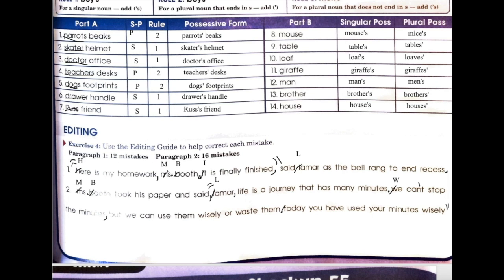Capitalize today. Put a comma after today. Today you have used the minutes wisely. Put a period at the end. Let's count the mistakes. 1, 2, 3, 4, 5, 6, 7, 8, 9, 10, 11, 12, 13, 14, 15, 16. All right, we have them all.